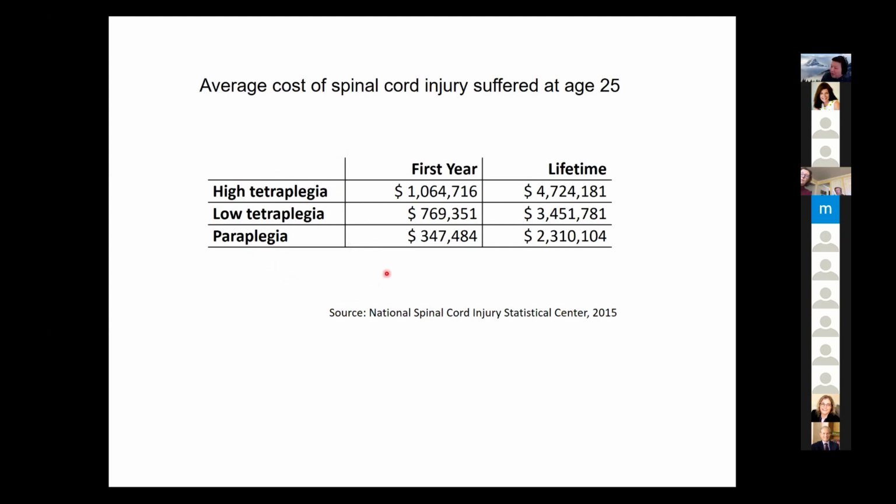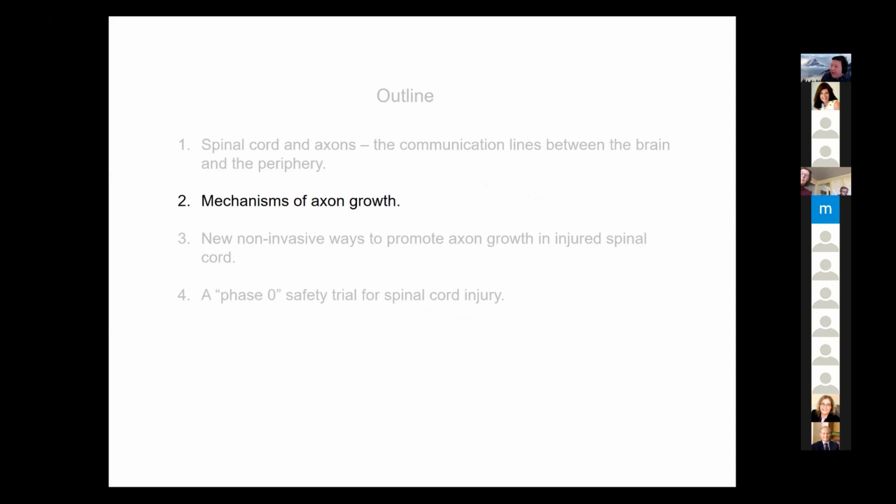So while broken skin or bones can heal, broken spinal cord axons cannot regrow. And therefore, spinal cord injury patients are often left with a permanent lack of sensation and paralysis. Why is it that spinal cord axons cannot grow and regenerate after injury?